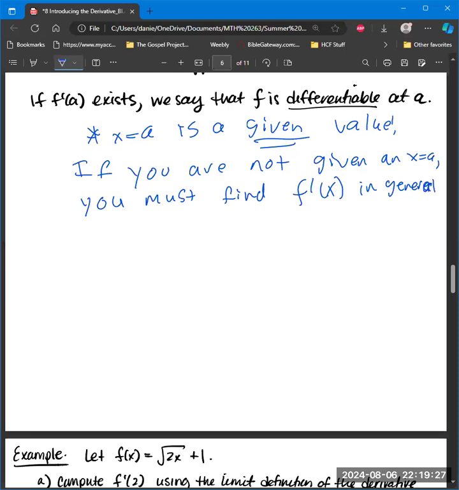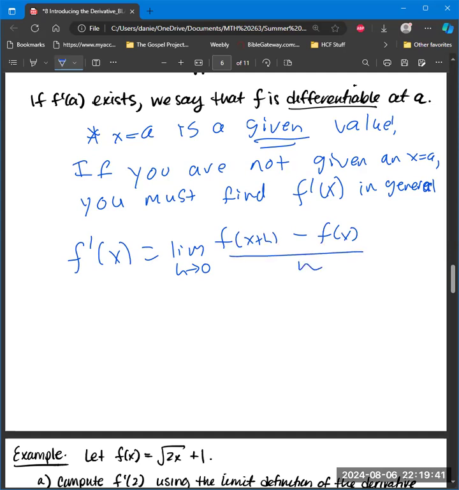The function that defines the derivative, and that function would be f prime of x equals the limit as h goes to 0 of f of x plus h minus f of x divided by h that we've been talking about. This is a function of x, for f prime of x in general.